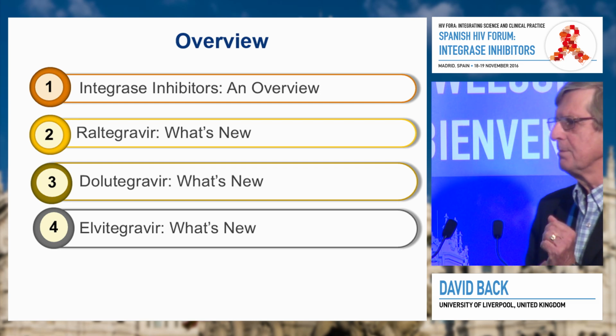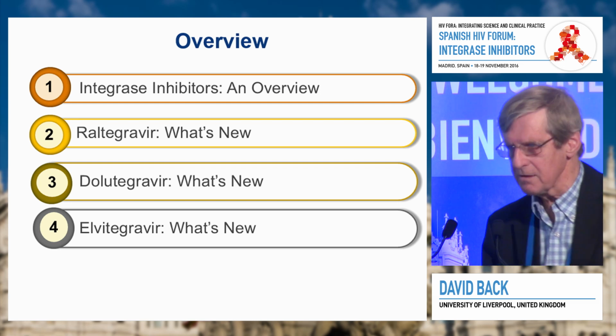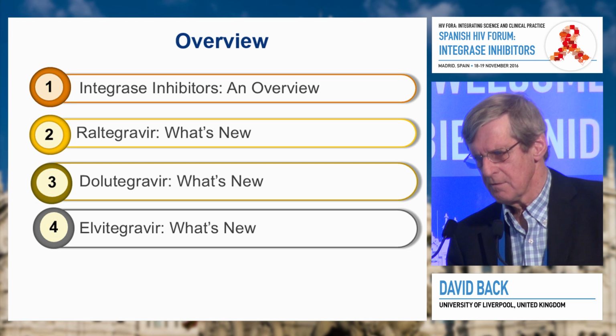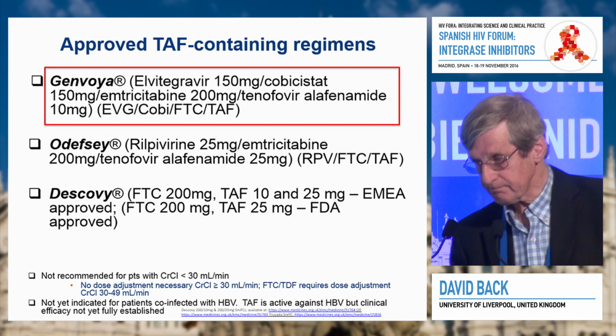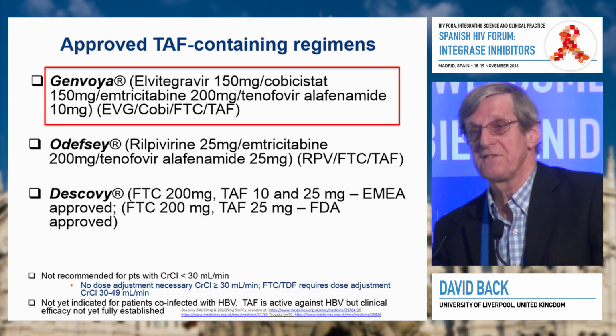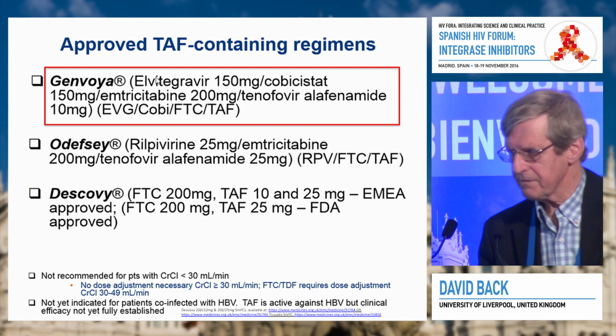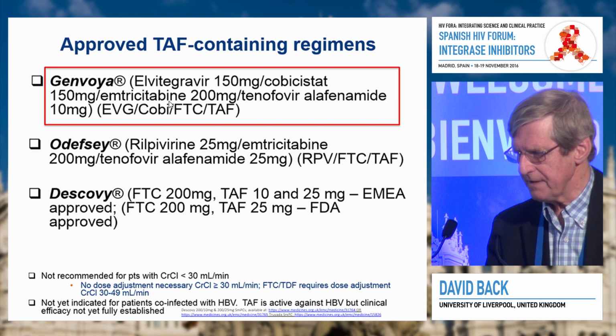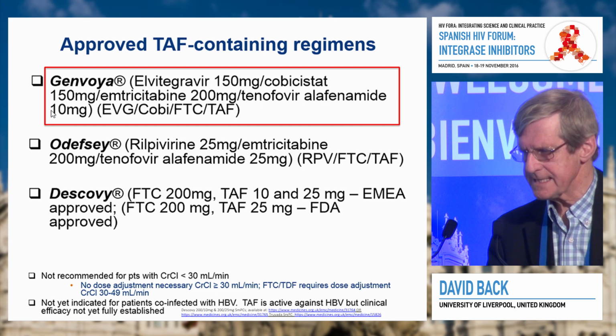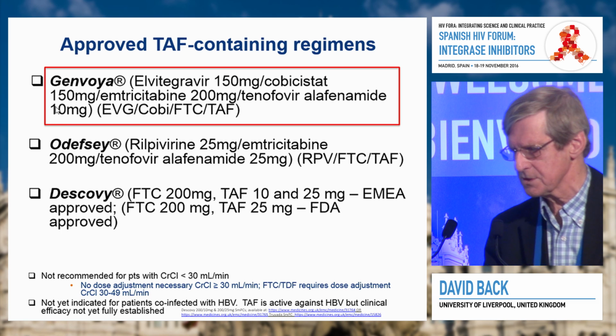So my final points are around Elvitegravir. What's new for Elvitegravir? I guess what is new is that we have the TAF-containing regimens. So Genvoya, Elvitegravir, Cobicistat, FTC, TAF, with a TAF dose of 10 milligrams.